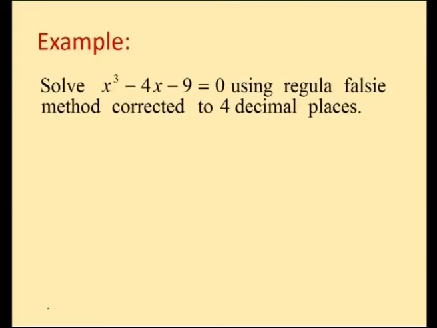Solve x cube minus 4x minus 9 is equal to 0 using the regula-falsi method, correct to 4 decimal places. We shall start the solution.